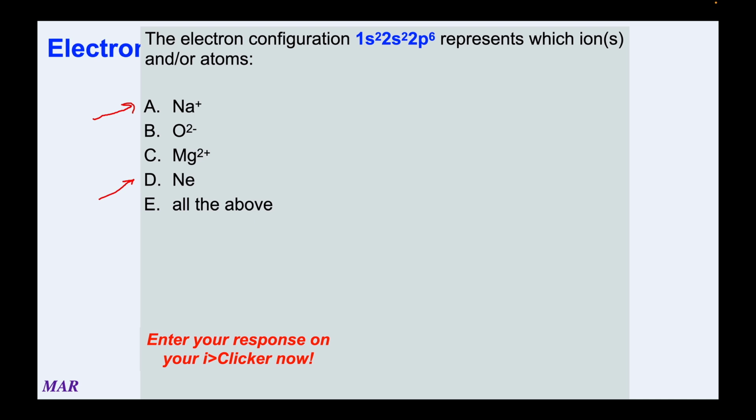Magnesium normally has 12 electrons, magnesium 2 plus would be 2 less than that. That's going to take away from the 3s subshell. So that means magnesium 2 plus with 10 electrons also would have 1s2 2s2 2p6. And oxide, O minus 2, is going to be oxygen, 1s2 2s2 2p4 with 2 extra electrons.